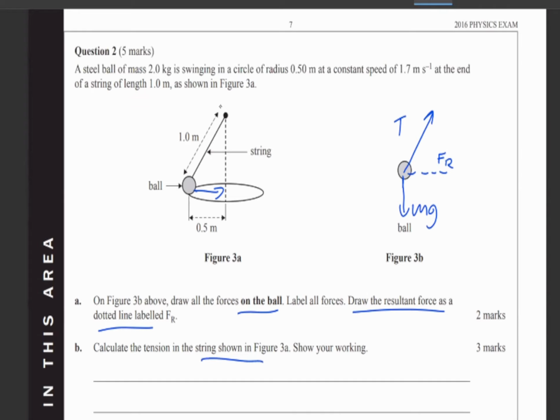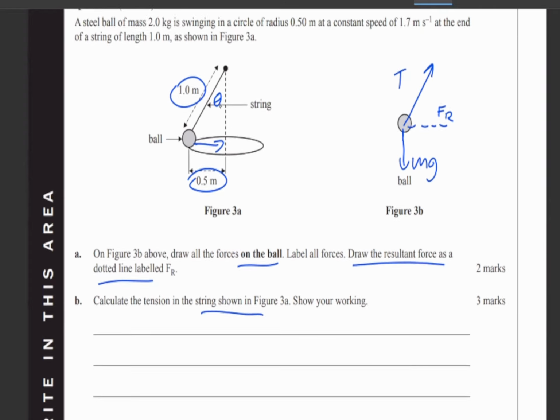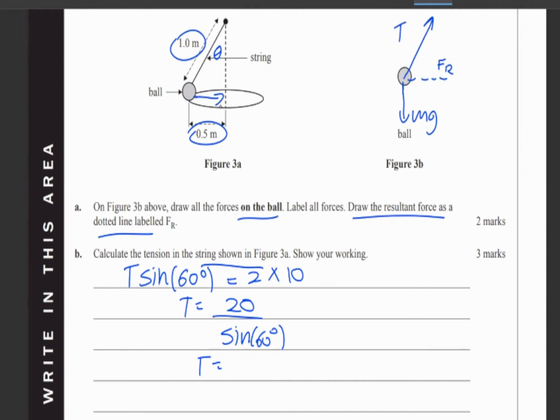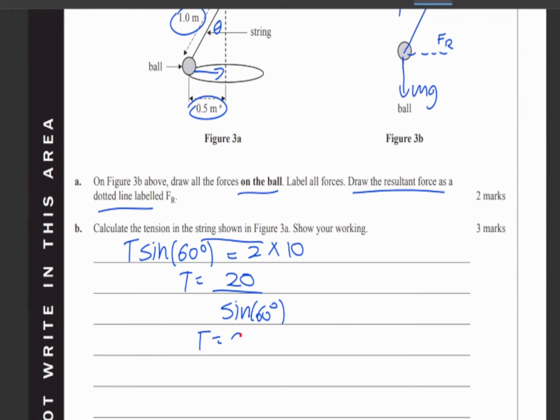We don't know the angle, but we can use these to find the angle. So then we can say T sine 60 equals 2 times 10, and then T equals 2, which should equal 23 newtons.